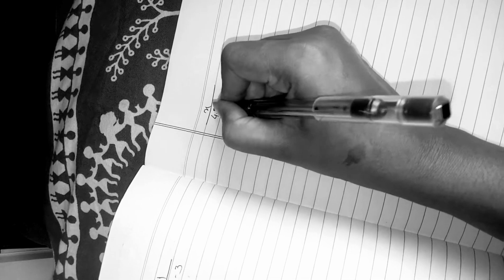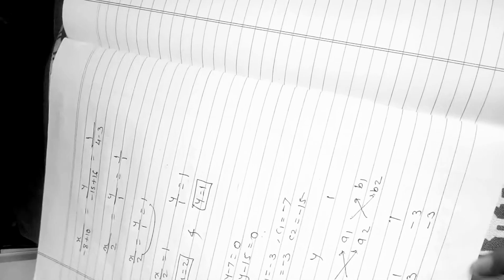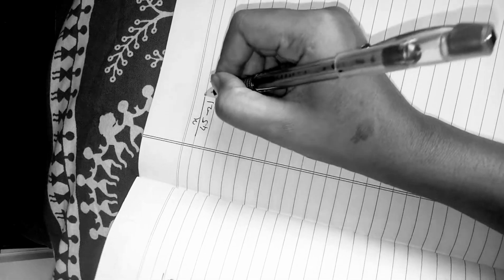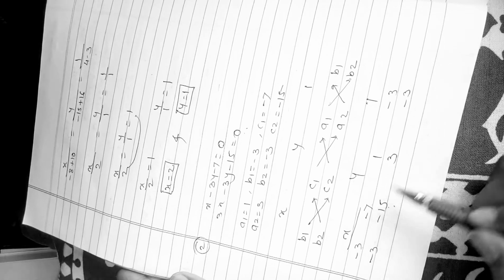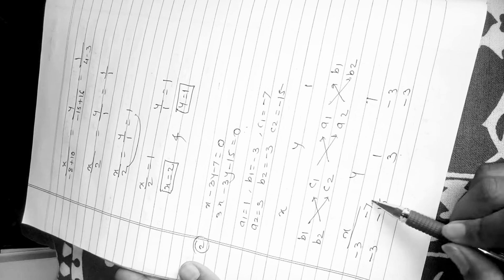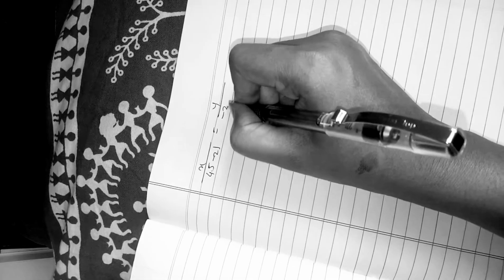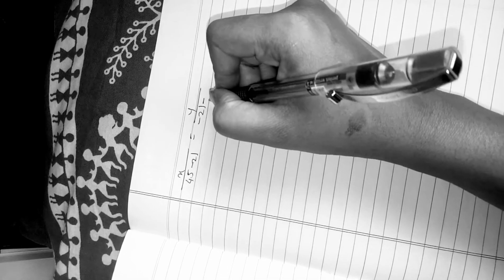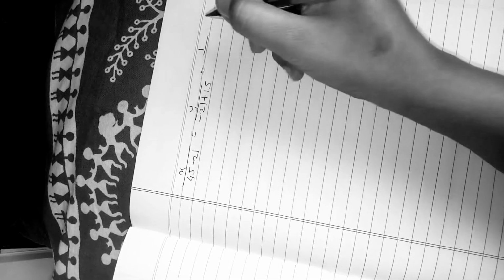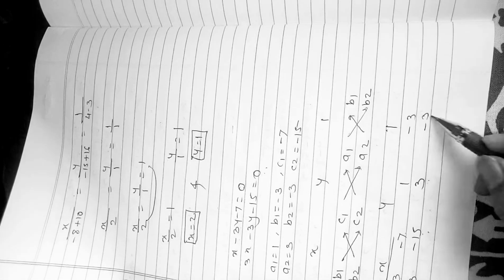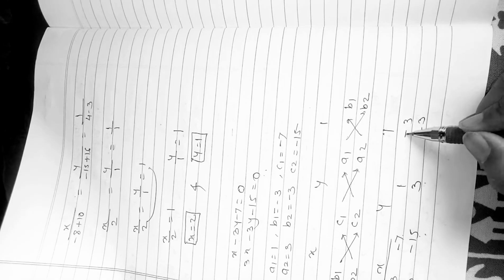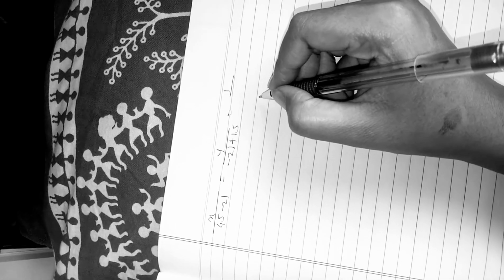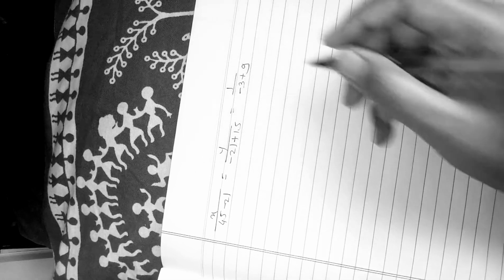So here 45, the middle sign is minus, 7 threes are 21, is equal to y over, here 7 threes are 21, the sign is minus, so here minus 21, the middle sign is minus, 15 ones are 15, and minus minus plus, so here plus 15, and 1 over, here minus 3 into 1 minus 3, minus plus 3 into 3 is 9, so here minus 3 plus 9.